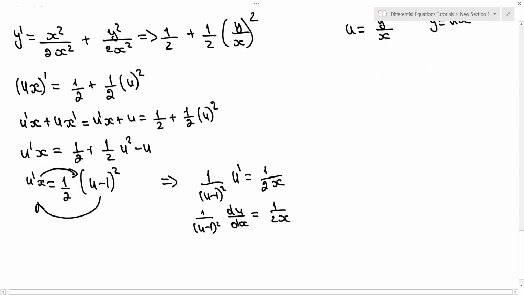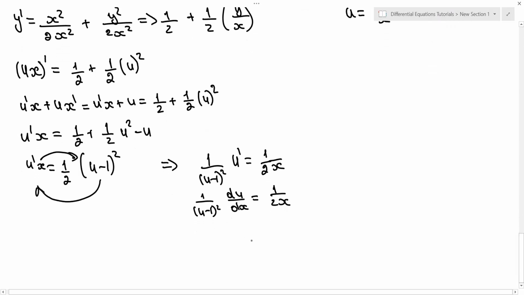If you are familiar with my previous video, we move dx here and keep the rest here. So we have 1 over (u minus 1) squared du is equal to 1 over 2x dx. So we integrate both sides. I forgot to write the integration sign here.